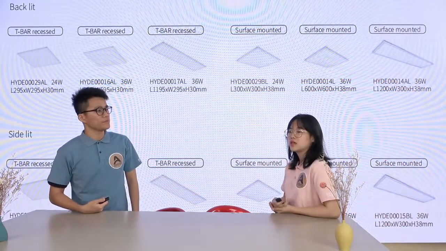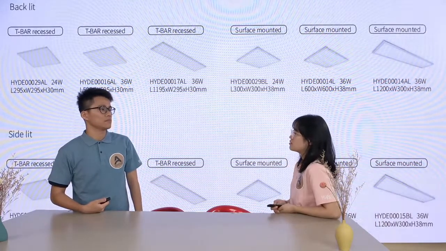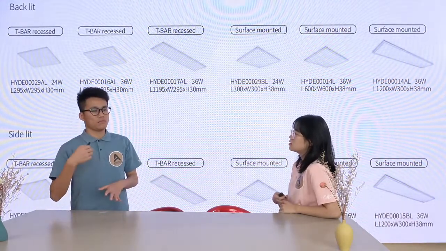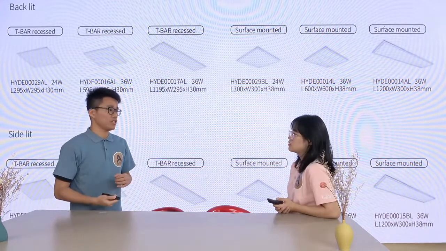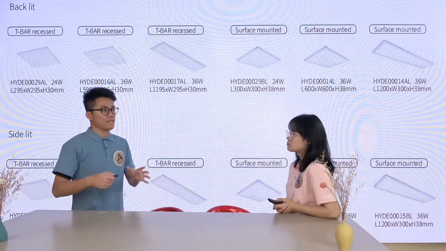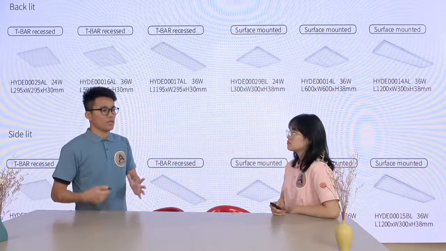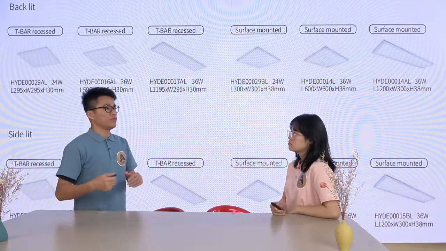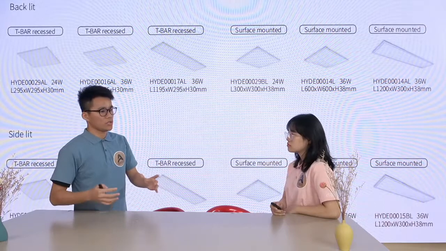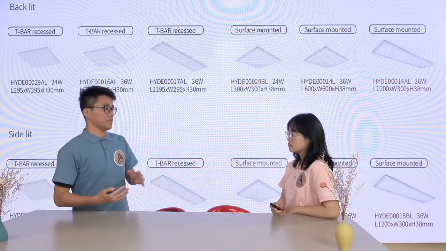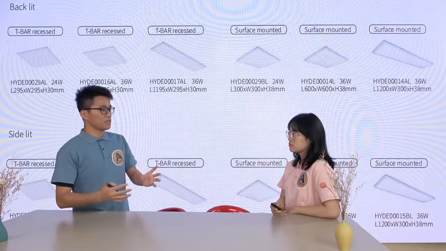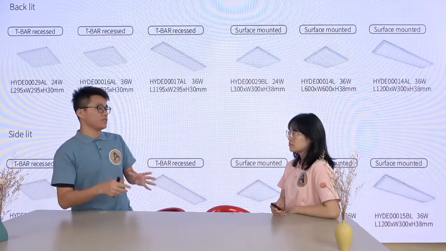What do you mean by the essential color of the object? It means that in some offices, maybe we need to take a photo, so we need to show the real side of the objects.